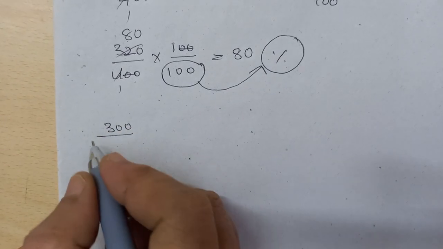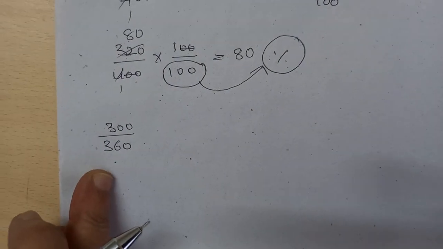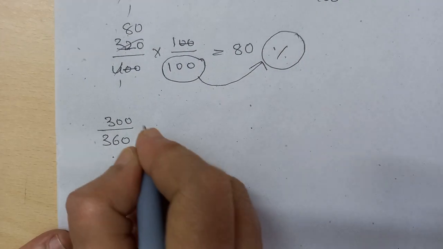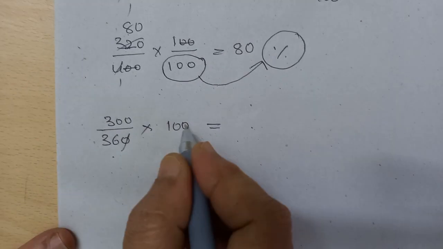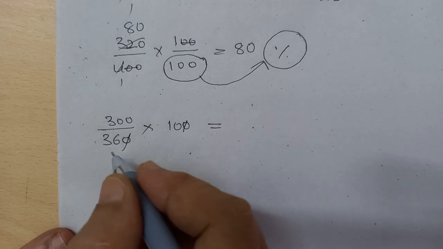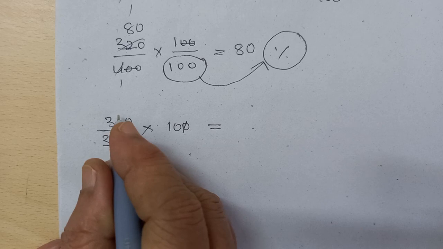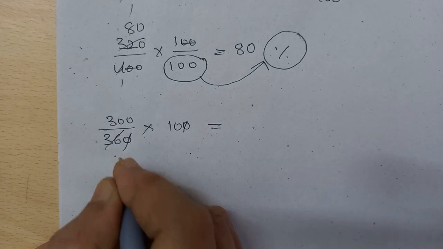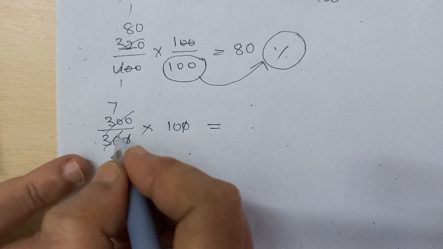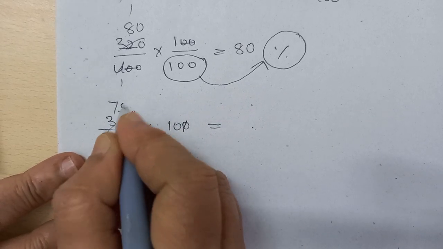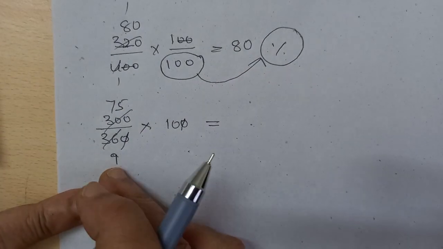Now 300 divided by 360. She scored 300 marks out of 360. To make it a percentage, we multiply by 100 directly. Then 4 9s are 36, 4 7s are 28, 2 remaining, 4 5s are 20. So 750 divided by 9.